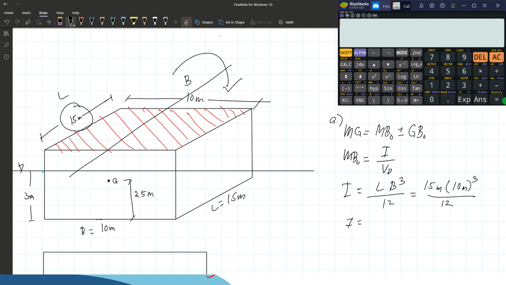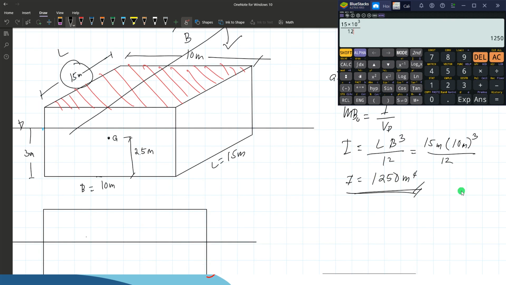So the moment of inertia is 15 times 10 cubed over 12, which is 1,250 meters raised to 4.